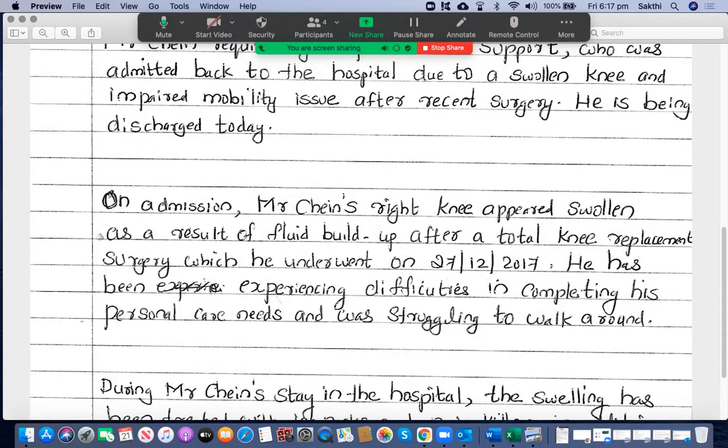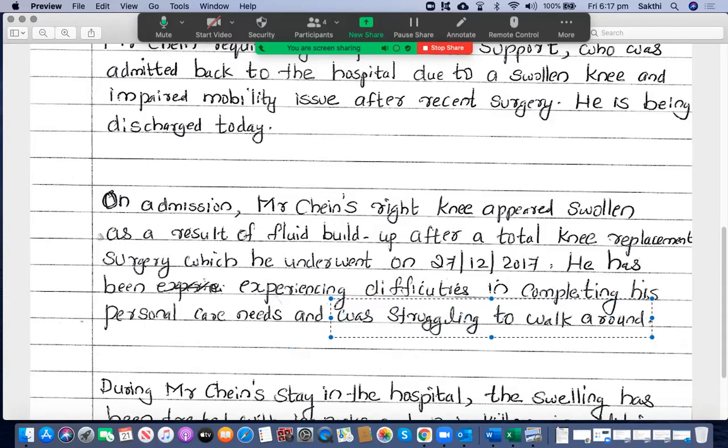Okay, he has been experiencing difficulties in completing his personal care needs and was struggling to walk around. Okay, is that "was struggling" or is it an ongoing issue? Yes, it's an ongoing issue, right? So don't use "was struggling."